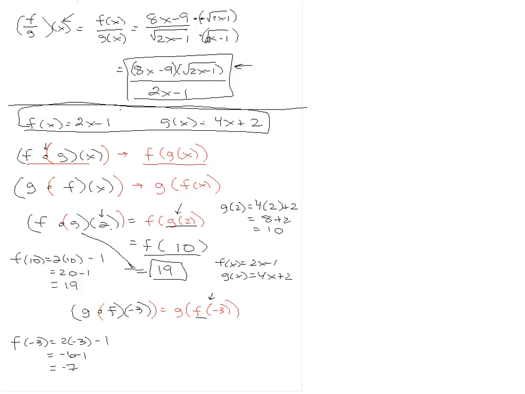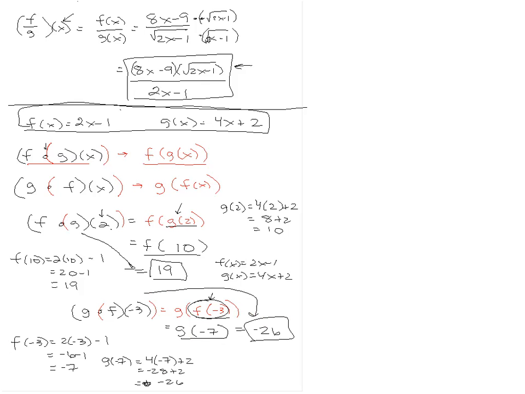So really, I can replace all of this with negative 7. So I'm really looking for g of negative 7. All right, g of negative 7 is going to be wherever there's a g function, you put the negative 7. So you get negative 28 plus 2, which equals negative 26. So your final answer is negative 26. All of that equals that.